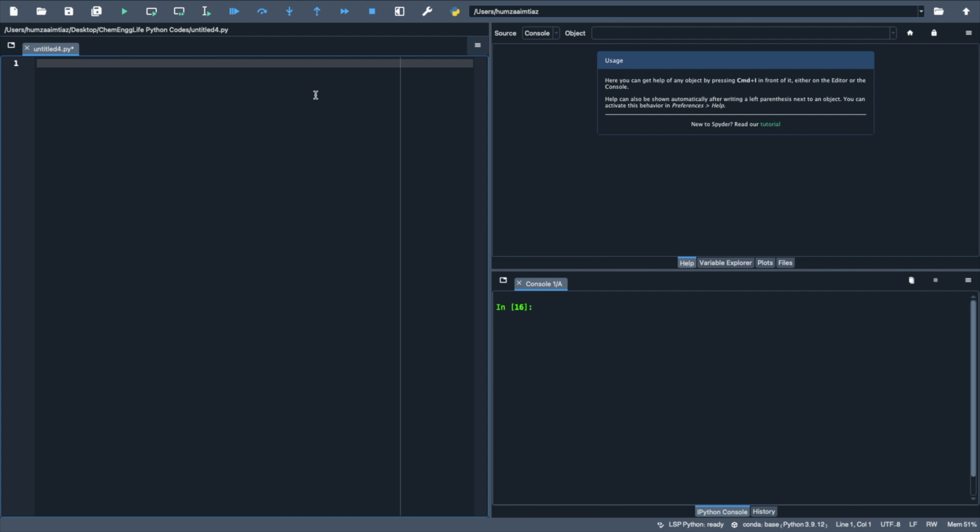Now we are in the Python environment, and we can finally start writing the code for the ideal gas calculator. We'll start off by writing a comment.